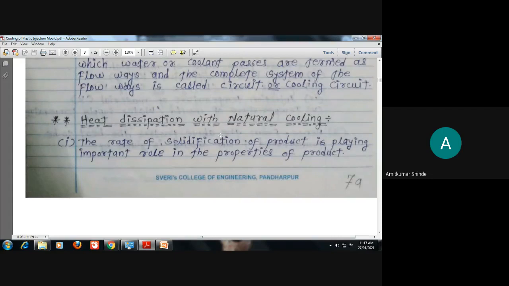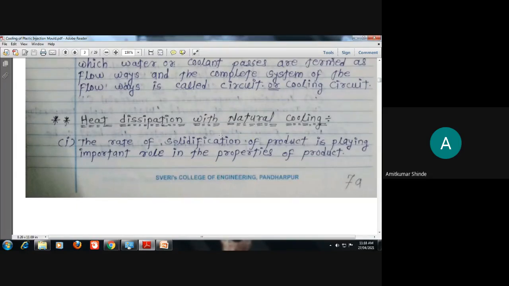Now, why is this cooling effect very necessary here? Because the rate of solidification will determine the property of the product. Okay, depending on the rate of solidification only, properties of the product will be decided, and this rate of solidification depends on the rate of cooling only.